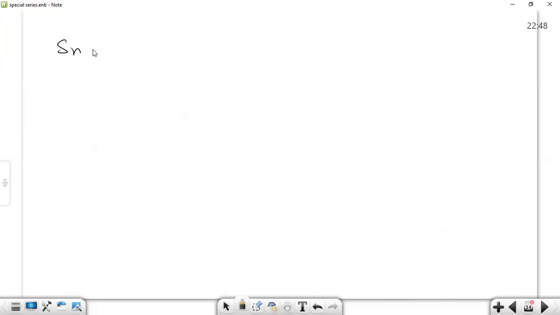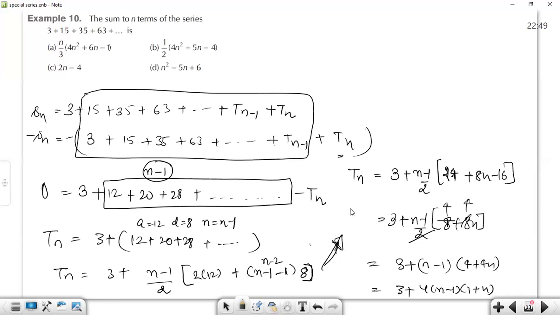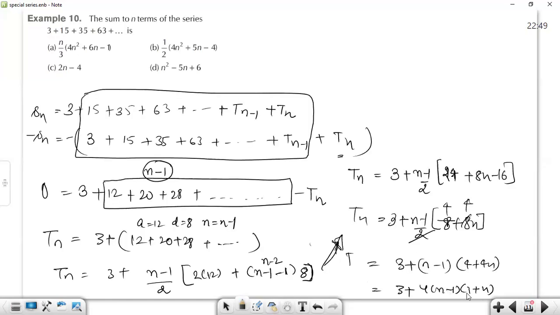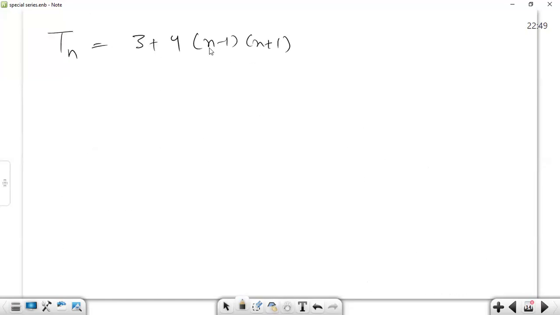Now, the sum of n terms is, sorry, not the sum of n terms. The nth term is 3 plus 4 into n minus 1 into n plus 1. a minus b into a plus b becomes a square minus b square.